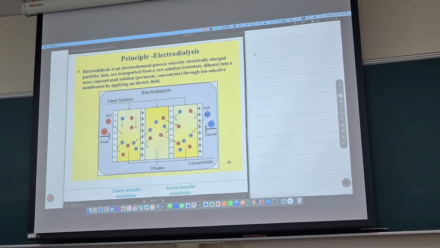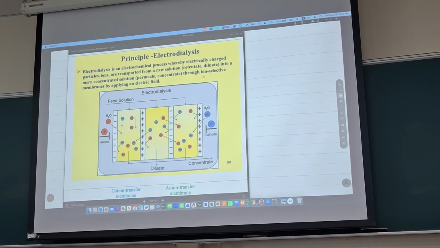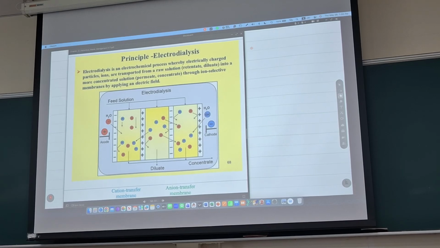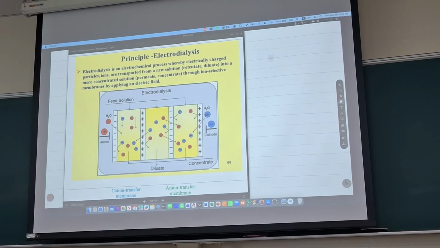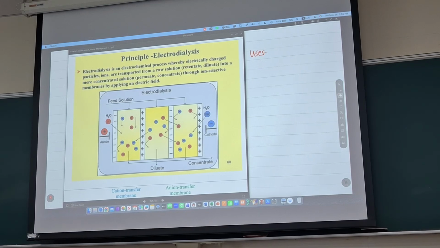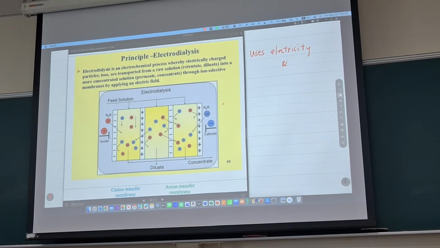So it's a process that uses two things. One is electricity, and what else?